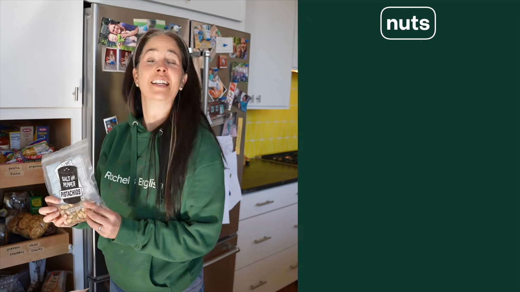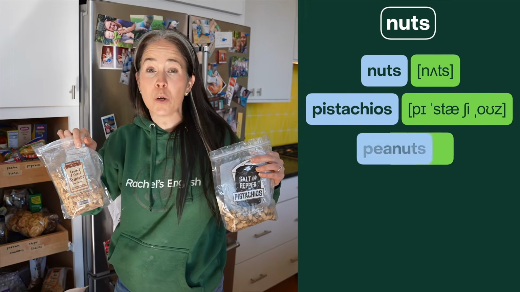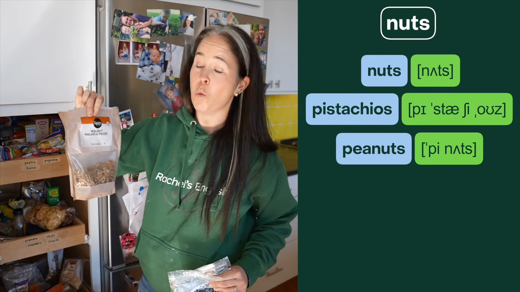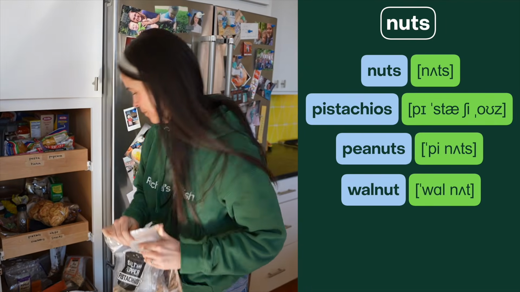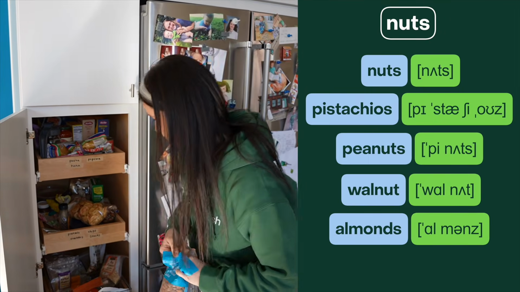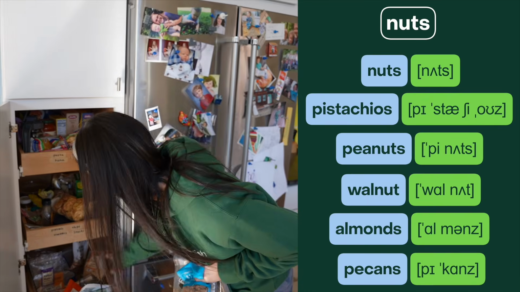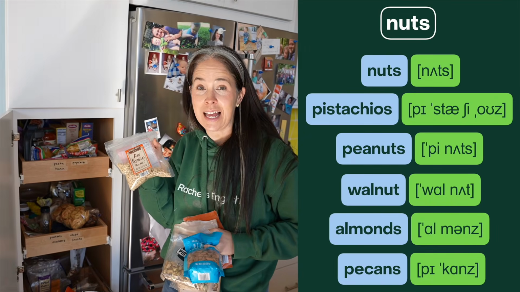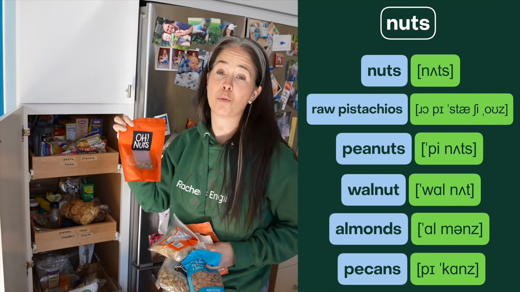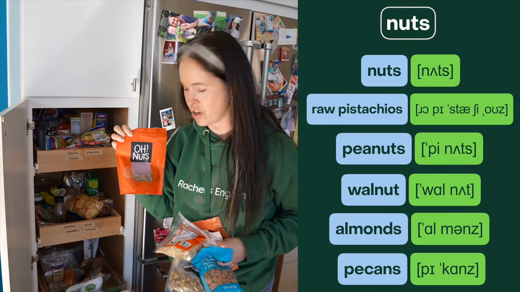And then we have nuts galore. We have salt and pepper pistachios, roasted salted peanuts. We've got walnut halves and pieces, almonds, dry roasted and salted, chopped pecans. We've got pine nuts. We've got raw pistachios. I use these to make this amazing caramel nut tart.